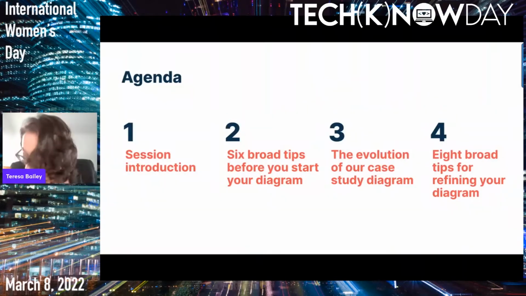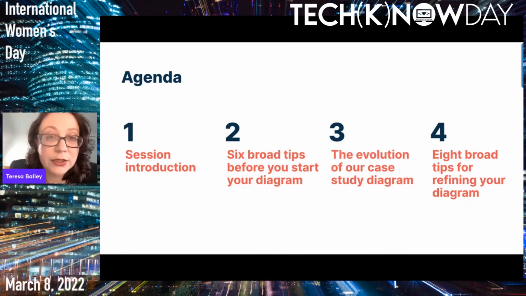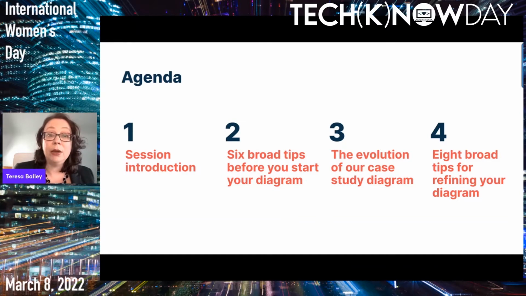So with that, we're going to dive in. First, of course, I'm going to give an introduction to some of the topics we're going to cover. And then I am going to give 6 broader tips about the kinds of things that you want to take into account before you start your diagram. And then we're going to take a look at a case study diagram that I worked on with a product intern last year.